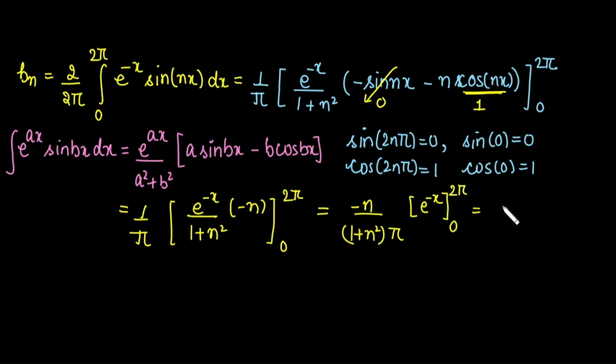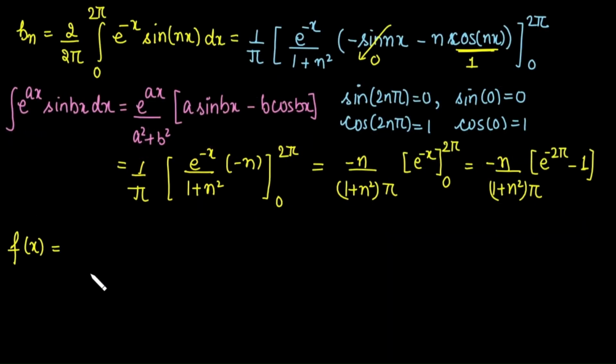This is further equal to minus n upon 1 plus n square into pi. Upper limit is e raised to power minus 2 pi and the lower limit is 0. So minus lower limit 1. And this is the value of bn in this case.